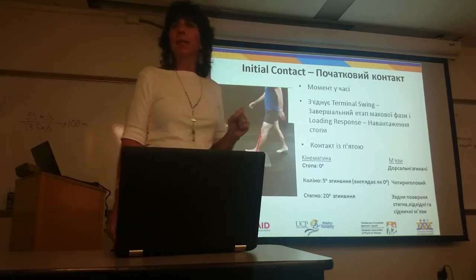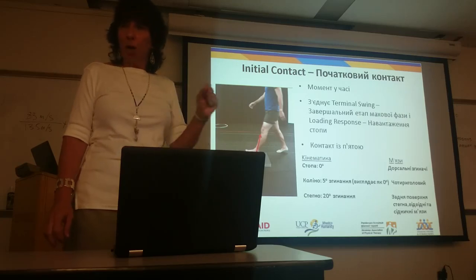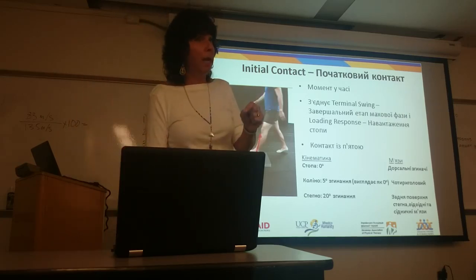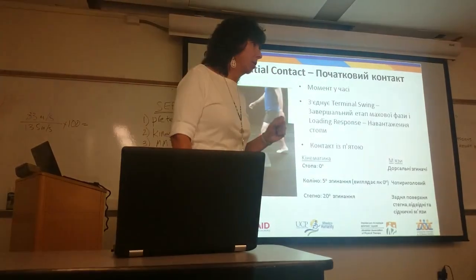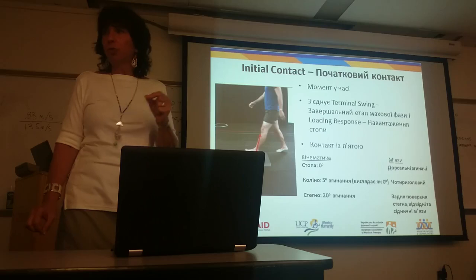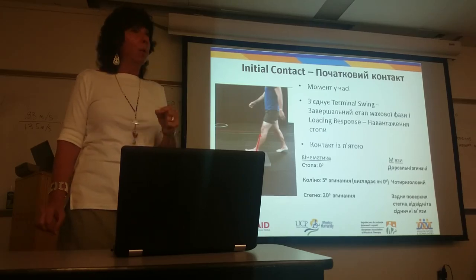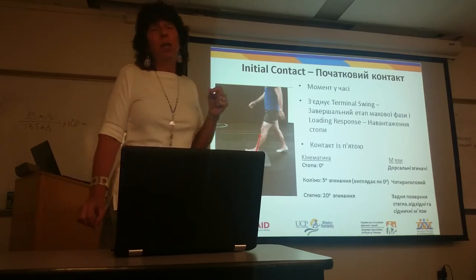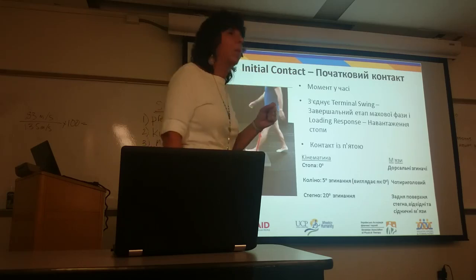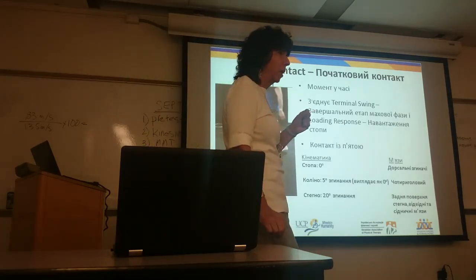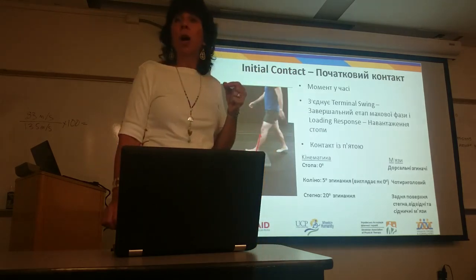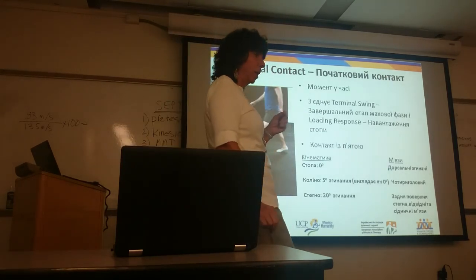But remember we said that this method, what we're going to talk about, is a systematic way to not only understand normal gait, but pathological gait. And when we talk about heel strike, it's adequate and appropriate to use when we're talking about normal gait, when we strike the ground with the heel first. But we know that many of our patients do not have contact with the heel first.